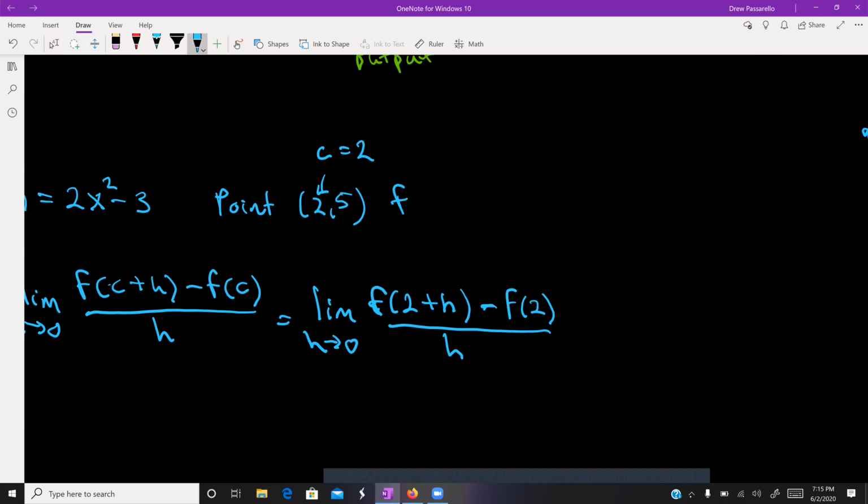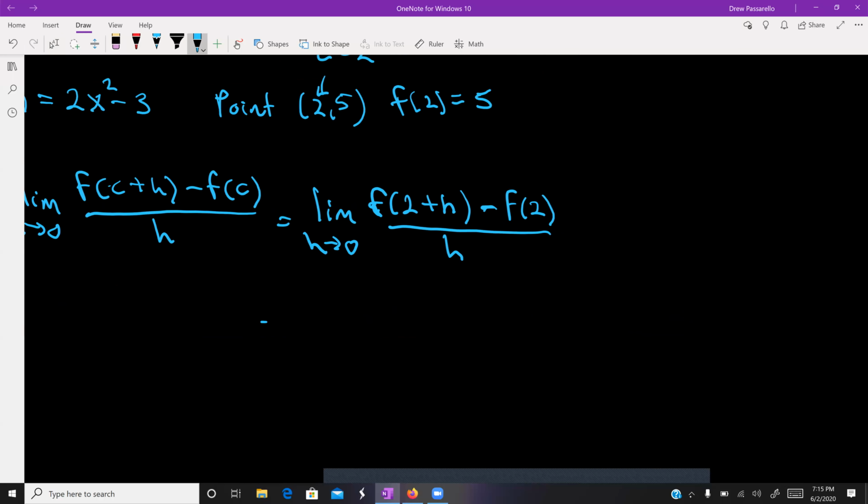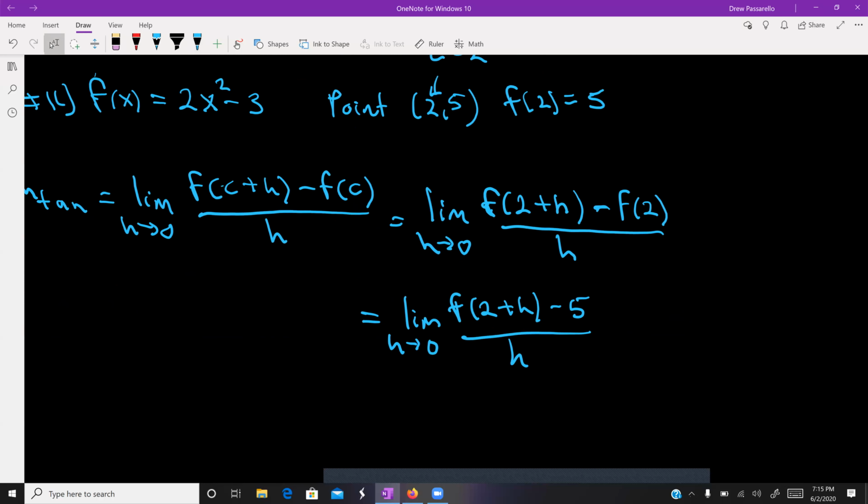So f of 2 is equal to 5. So this would be minus 5 divided by h. And then I'm going to do the f of 2 plus h off to the side.